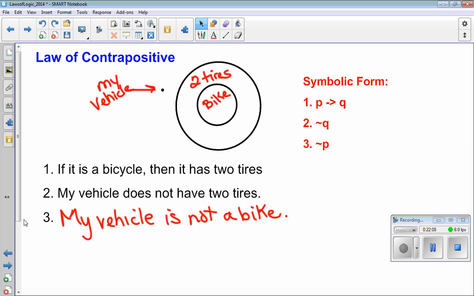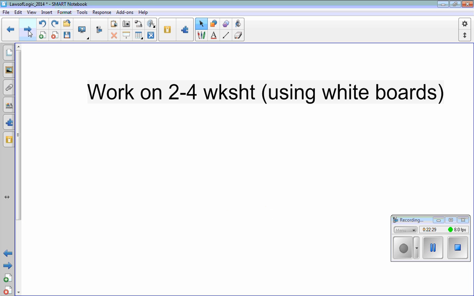So we're done with this flip chart for logic. Okay, we've written a lot of logic on there. We have talked about Venn diagrams. We've done the symbolic stuff, inverse, converse, contrapositive. We did it all. What I'd like us to look at now is the 2-4, and I want you to look on the back.